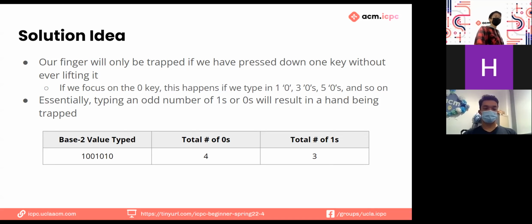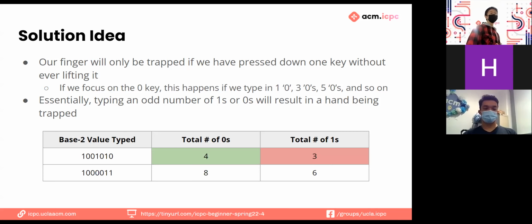So notice that the zeros and ones are completely independent, right? And only when we press a key an even number of times, our finger will be free. So for example, in this case, there are a total of 4 zeros and 3 ones, which means after typing this character or this binary string, your index finger would still be on the key, and then your middle finger would be free.